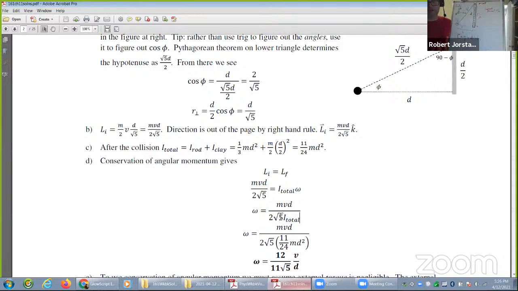After flipping all this around, you get this. I should have used a decimal. Sorry, my bad. That's a practical application of this. You could find out the rotation rate after impact. Keep in mind now, V is an unknown. Ultimately, we're going to solve for V in a minute.